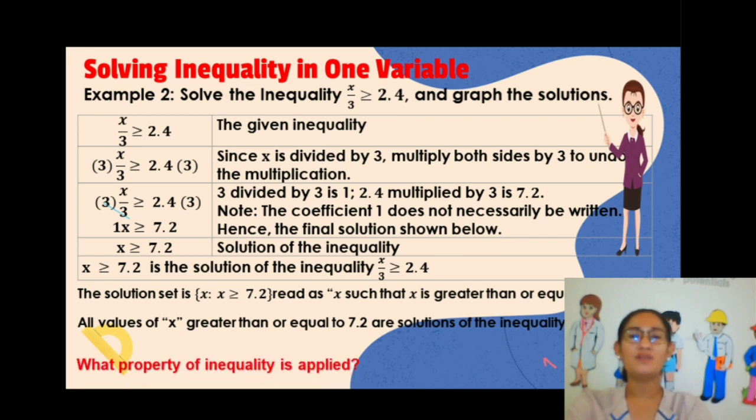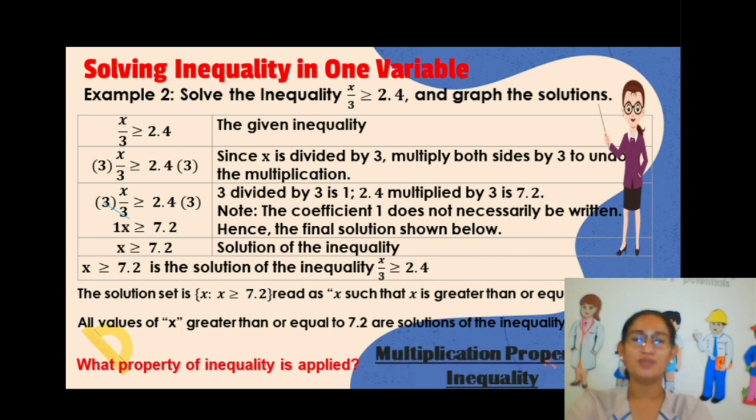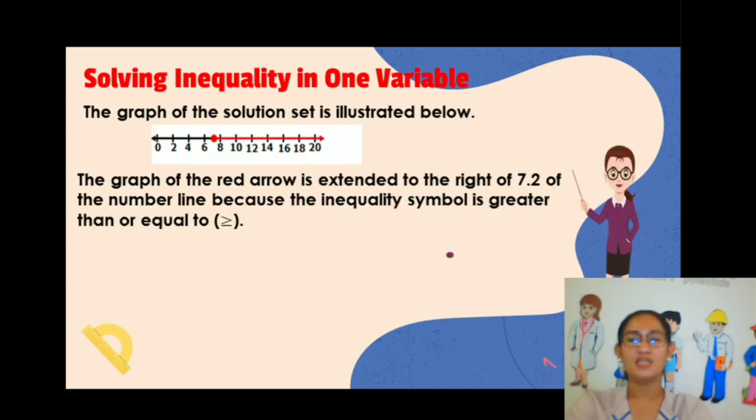What property of inequality is applied? Very good, multiplication property of inequality. The graph of the solution set is illustrated below. The graph of the arrow is extended to the right of 7.2 on the number line because the inequality symbol is greater than or equal to.